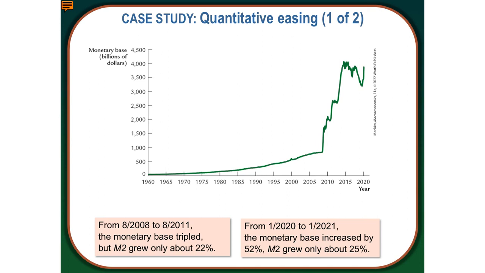Same thing from 2020 to 2021. The monetary base increased by 52%, but the money supply only increased by about 25%. Similar sort of situation, right? Ultimately the money supply did increase, so the Fed achieved their goal, but all of the action of the Fed didn't immediately translate into more money supply because the banks are playing a role also. They were deciding to hold on to a lot of those extra reserves that the Fed was creating.